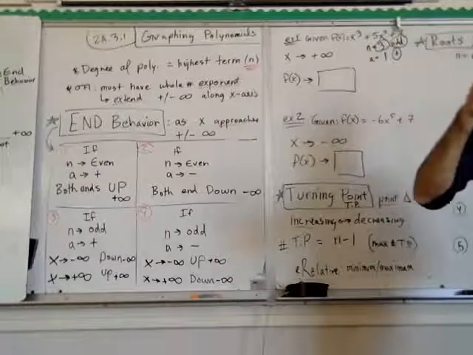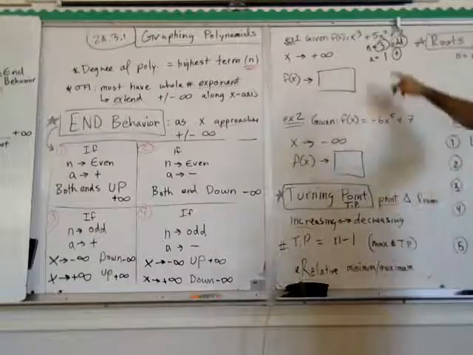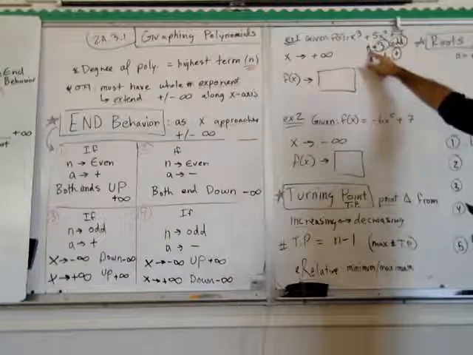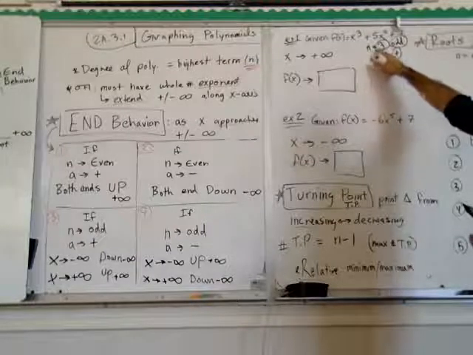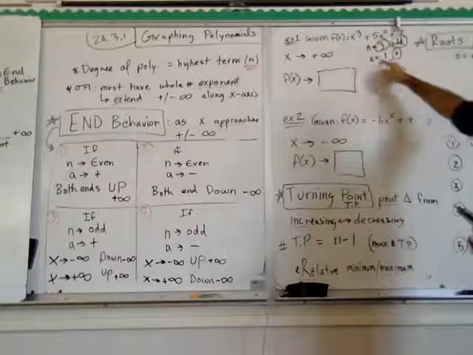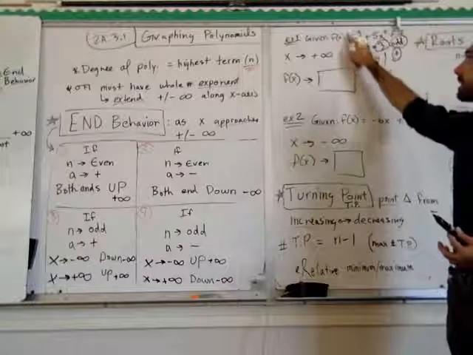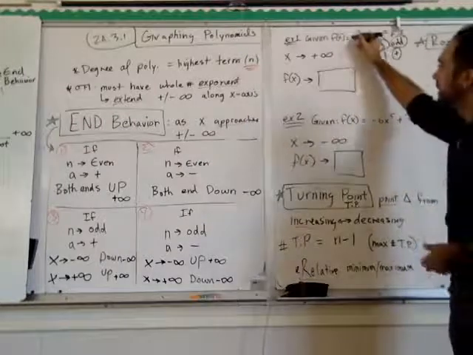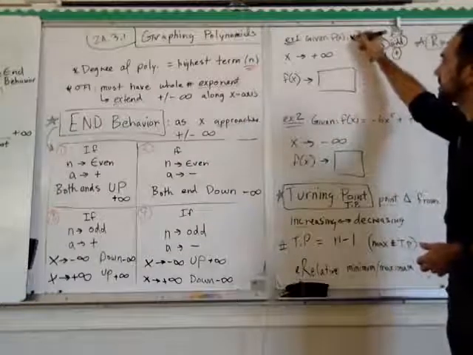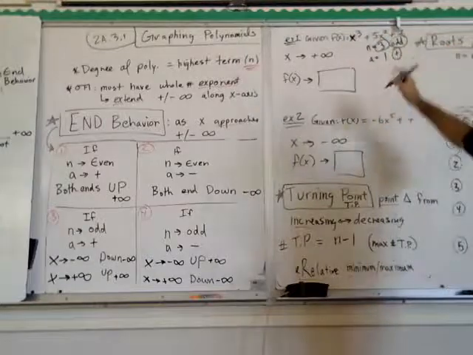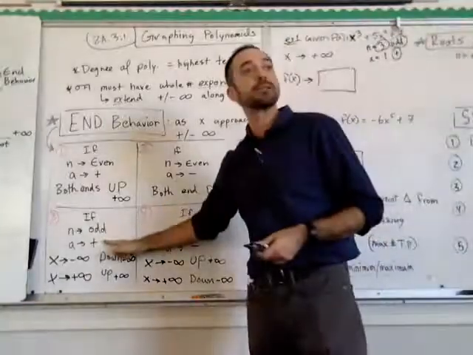I hear 3. Because the highest term is 3, which is odd. A is 1 because there's a 1 in front of this x to the 3rd power. So at the least you can see it's positive. So odd, positive, odd, positive.